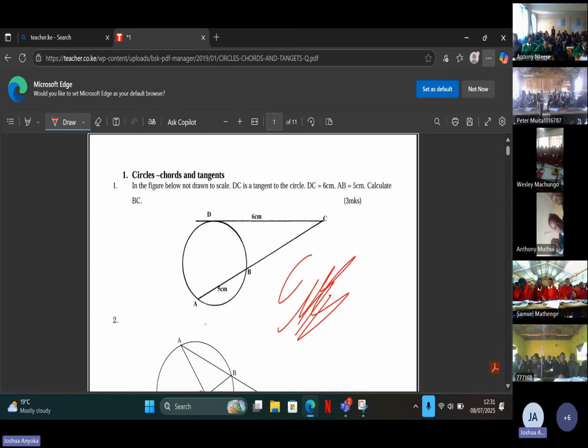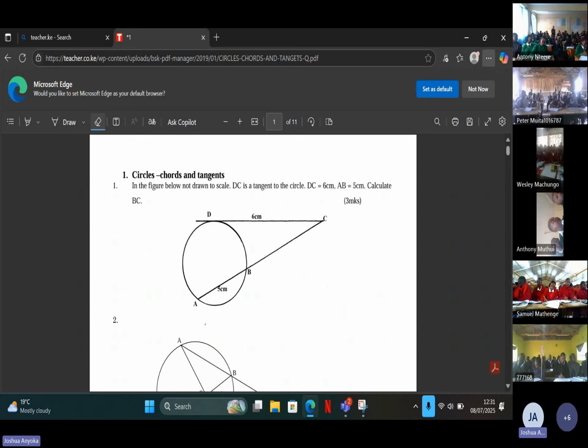All right. Now, the first thing that you should ask yourself is, what kind of intersection do you have in this question? You'll find that DC, you are told, is a tangent. So this leads to the intersection of a tangent and a chord.